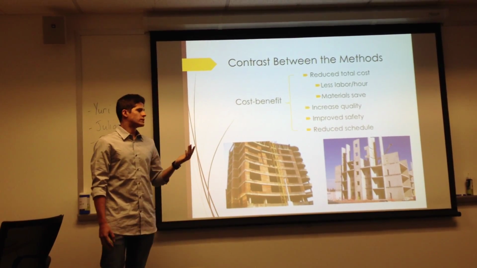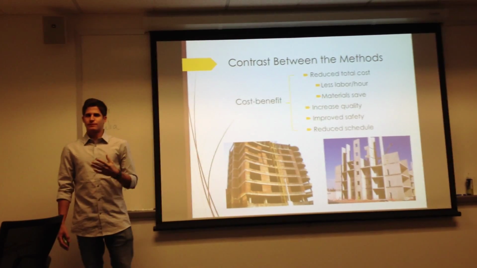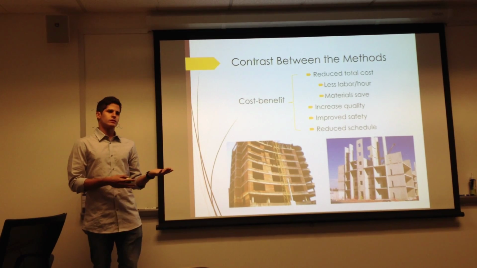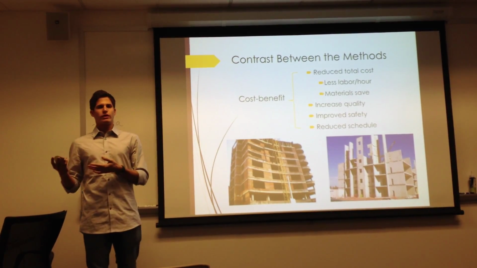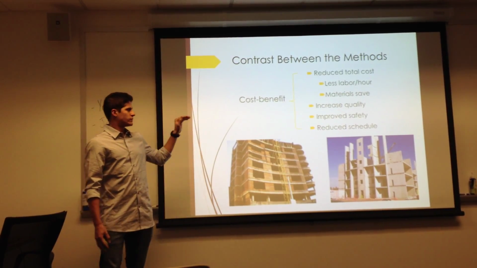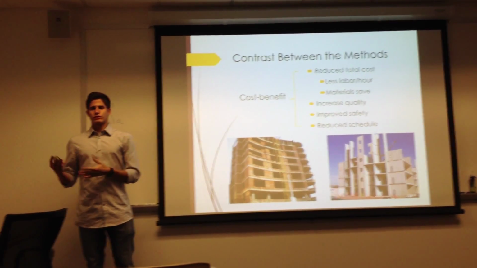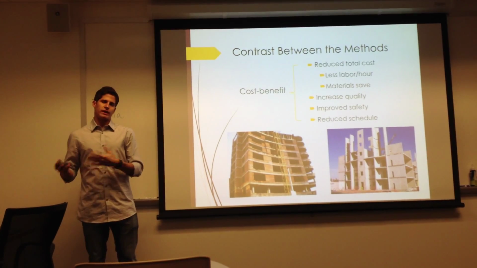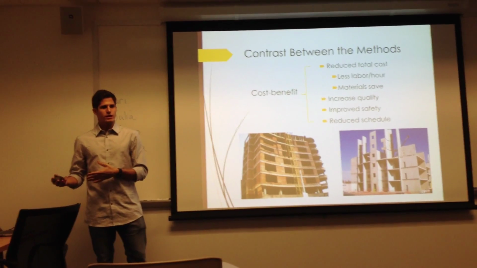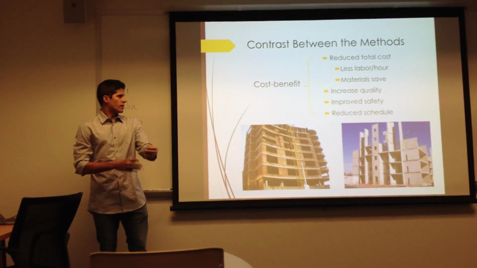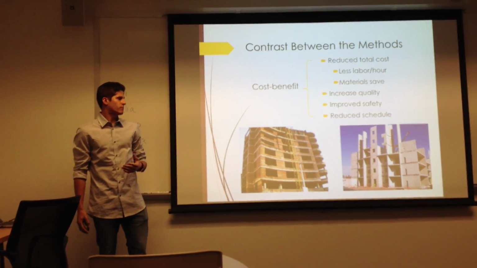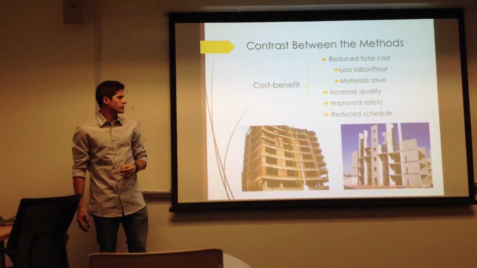You also can increase quality, because the elements are fabricated in the industrialized facility, so the building in general has a higher quality than the conventional one. You also can improve safety, because the industrialized construction method has more planning and organized activities, which can reduce the risks and unnecessary activities that may happen during the process of the construction.